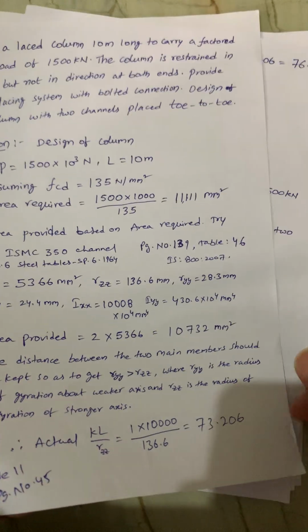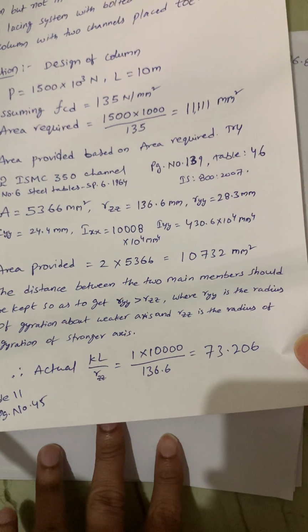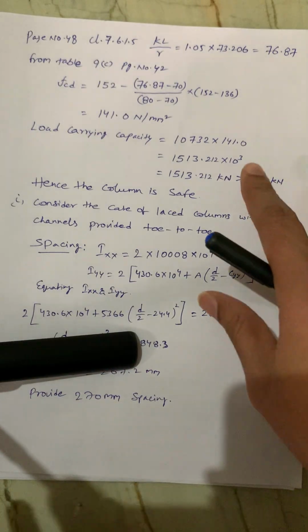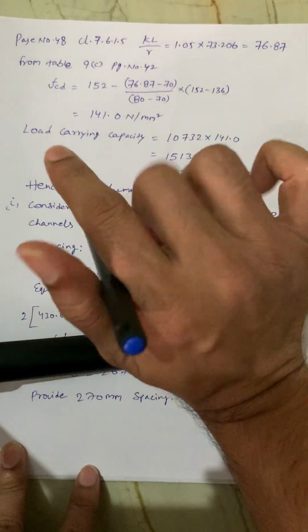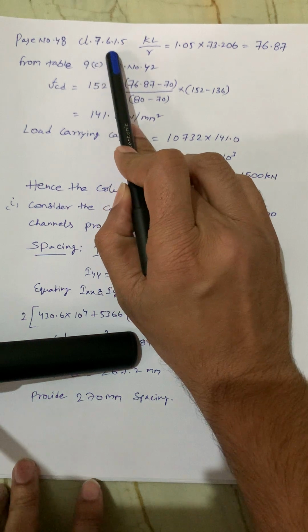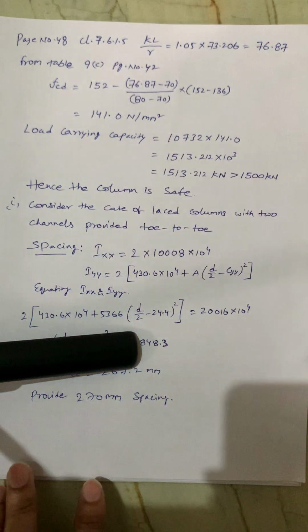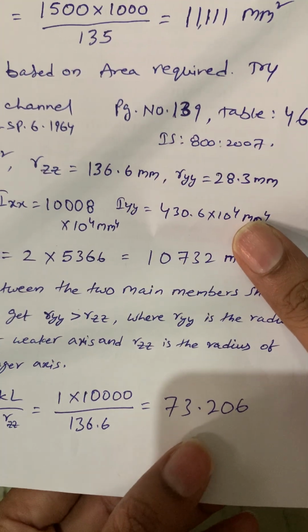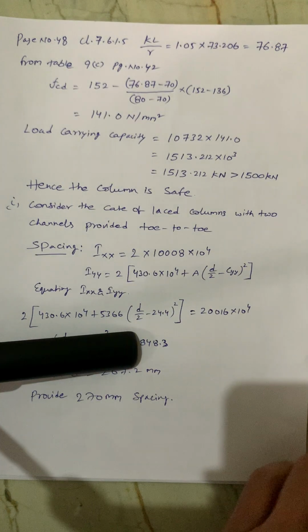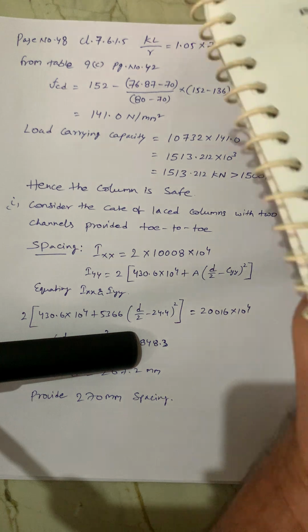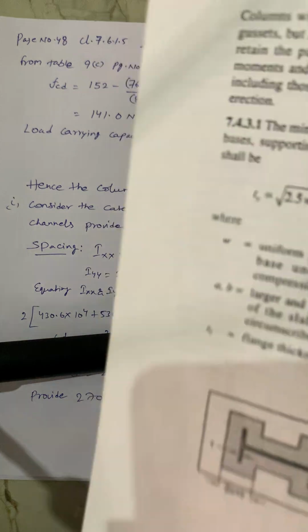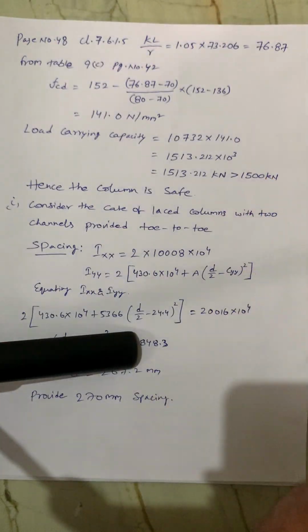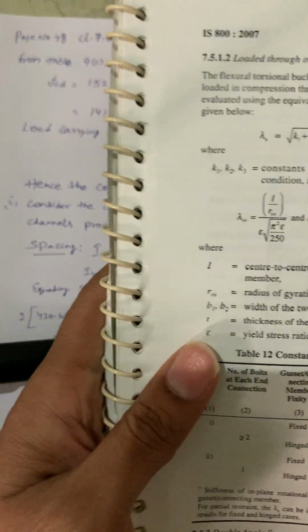Okay. After that, next we have to calculate, on page number 48, clause number 7.6.1.5, KL by R. We got the KL by R value, which is 73.206, but the code is specifying that we have to follow the specifications as per the code.